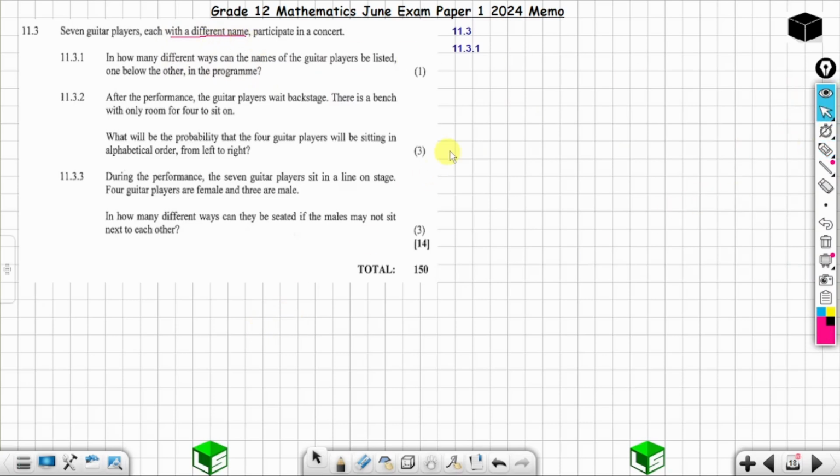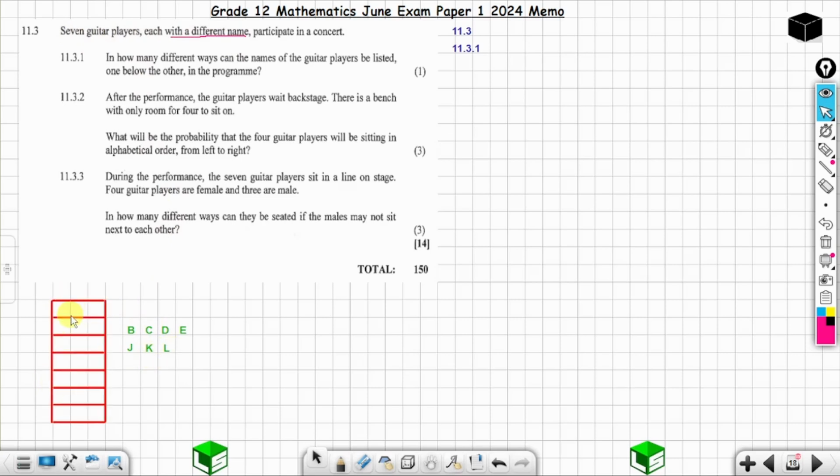So I'm going to use the letters B, C, D, E, J, K, L to represent their names. They've got different names. 7 guitar players: 1, 2, 3, 4, 5, 6, 7.